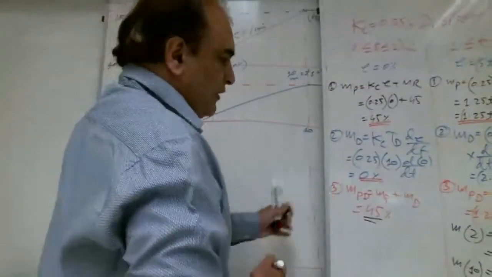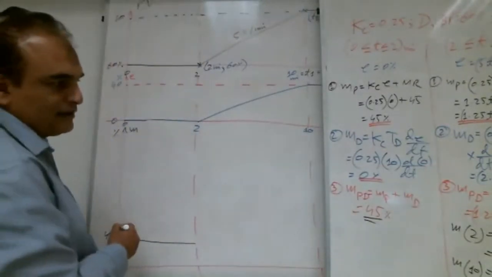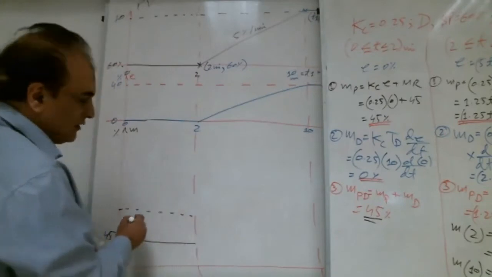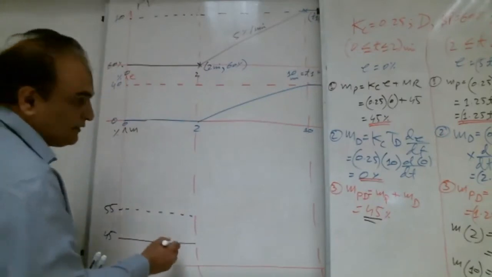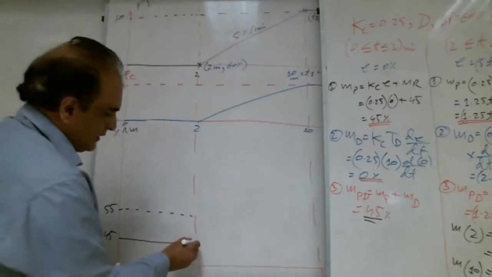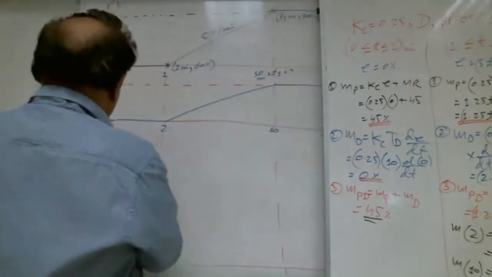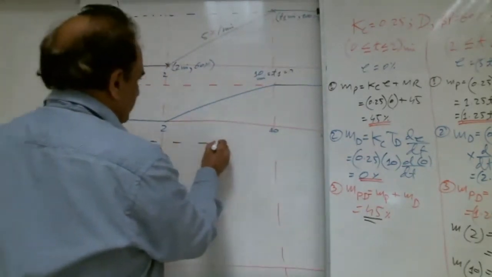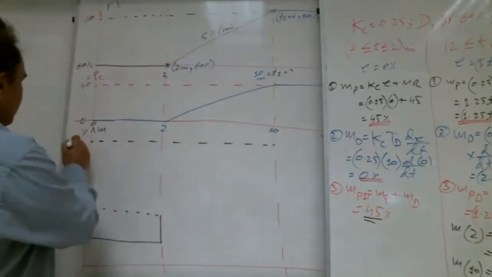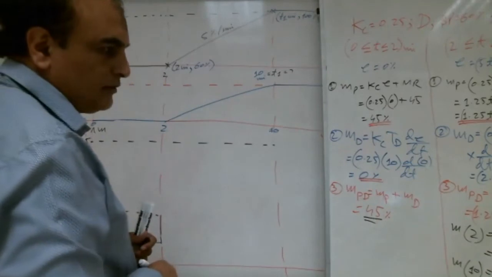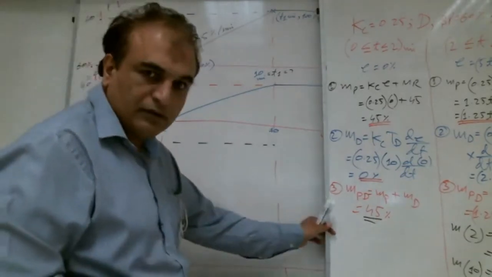So at 2, it is going to 57.5. And then at 10, it will go to 67.5. It's not 67.5, teacher. 62.5.